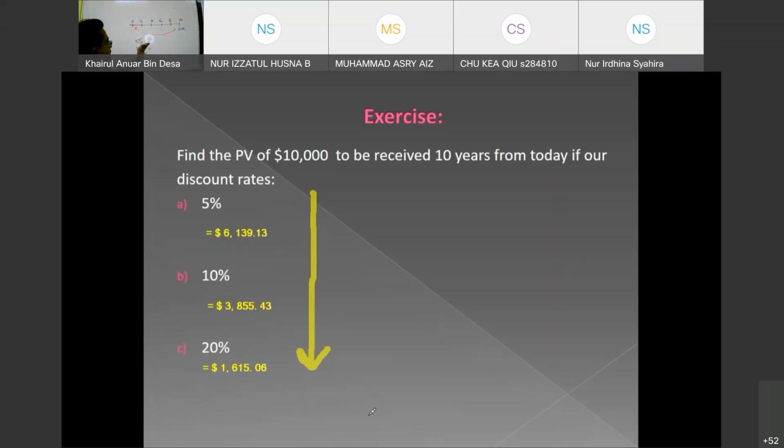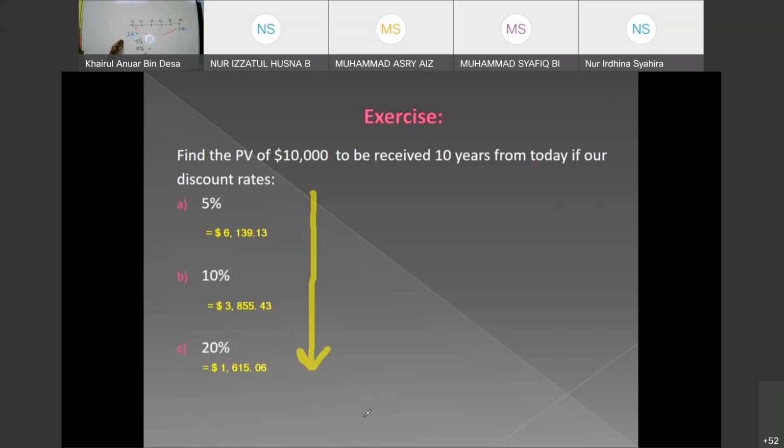Kalau kita lihat di sini, jika 5%, kita terpaksa letak di sini 6K plus. Okay. Jika 5%, kita terpaksa letak di sini 6,000 lebih. Kalau kadar faedahnya meningkat, kita cuma letak di sini lebih kurang 3K plus.